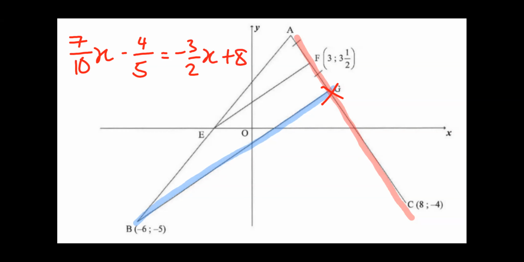And we're going to solve everything by taking the x's to the one side and the numbers to the other side. So I'll have the 7 over 10x plus the 3 over 2x, and then we'll have the 4 over 5, which is now positive because I'm taking it over, plus 8.